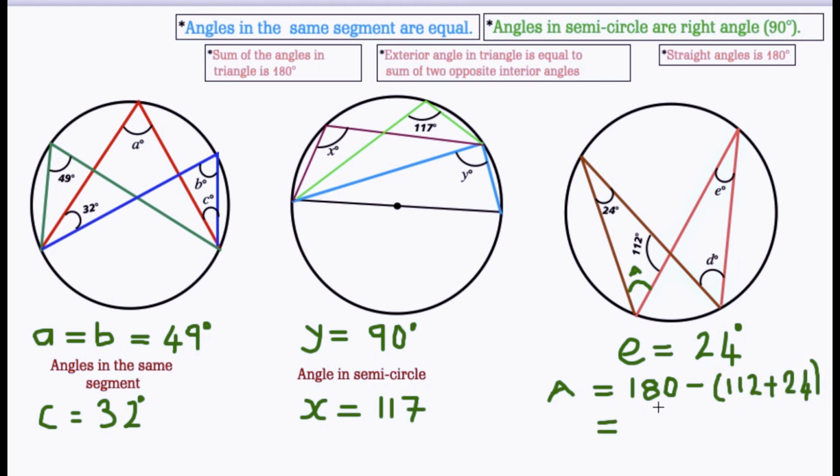And when we do the subtraction very well, A is equal to 180 degrees minus 136 degrees, and our answer becomes 44 degrees. So the value of A there is 44 degrees. Okay, if A is 44 degrees, then D is also 44 degrees because they are angles in the same segment.